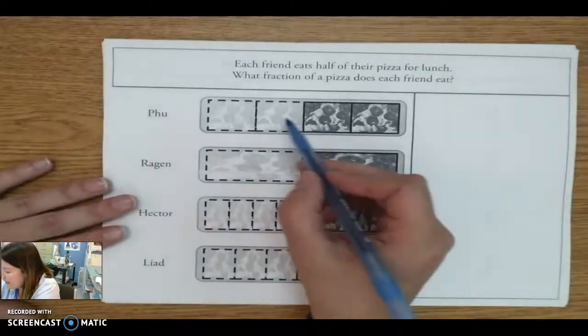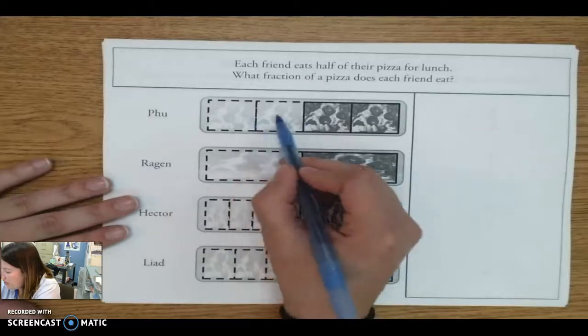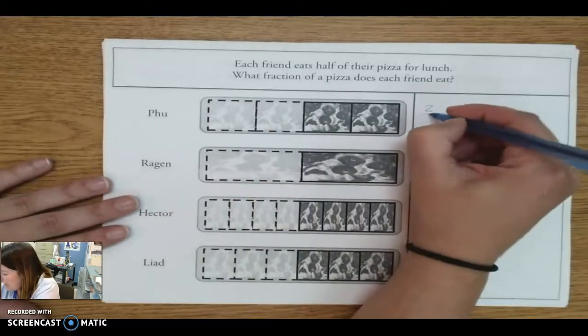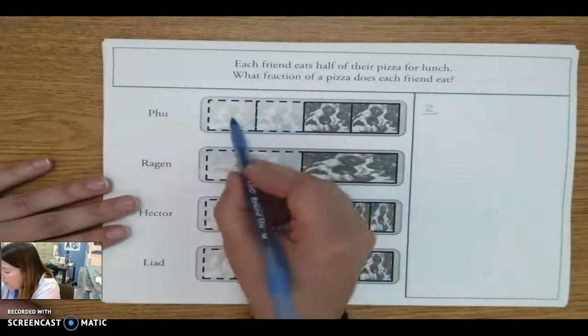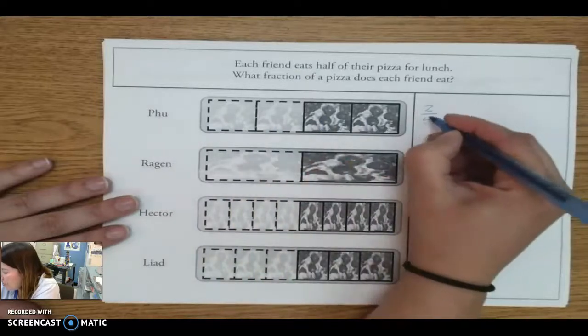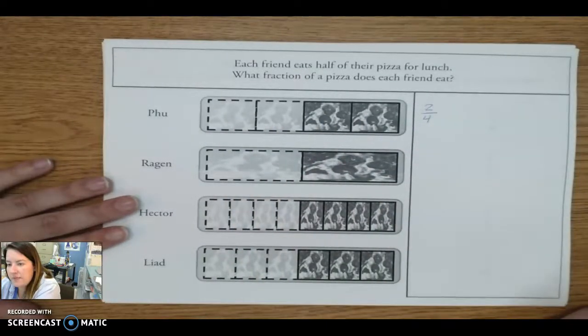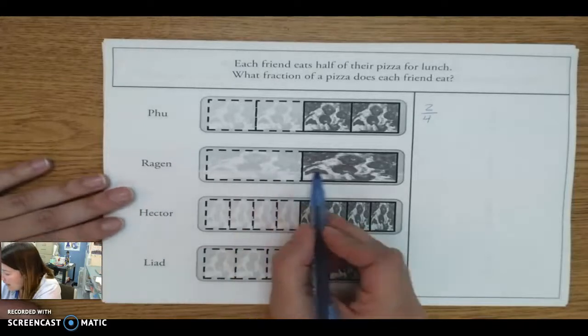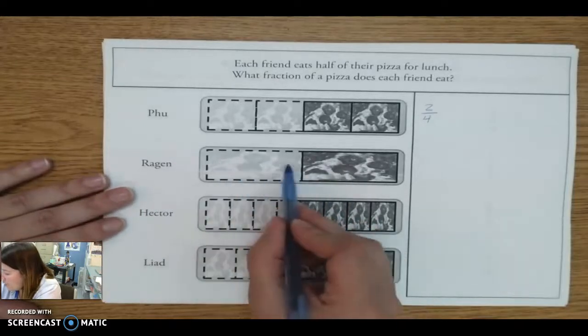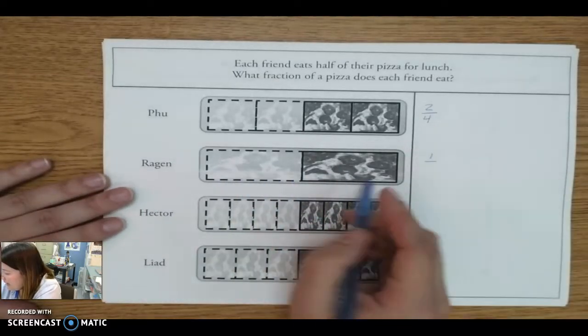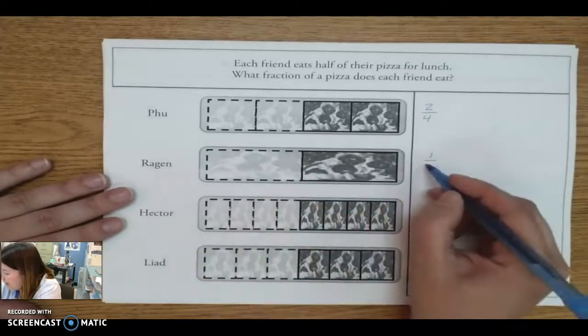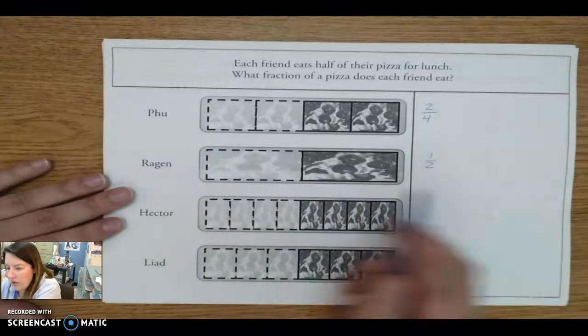So let's look at this first guy. So he eats 2 out of how many total? 1, 2, 3, 4, right? He eats 2 out of his 4 slices. Okay, let's look at Reagan. Well, Reagan eats 1 slice out of her 2 slices. Okay, Hector.